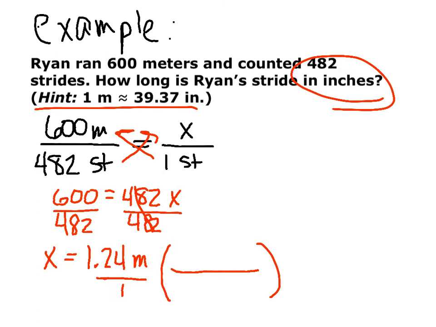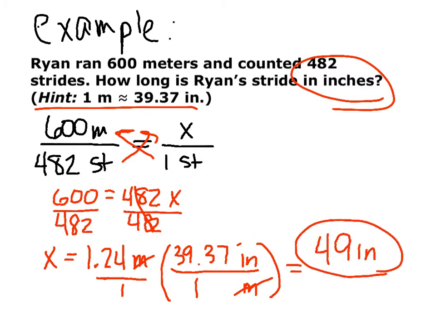I want to cancel out my meters, so I have an m in the numerator and an m in the denominator. And I want inches in the numerator, because these will cancel, and I'm left with inches. So 1 meter equals 39.37 inches. Do some multiplication, and you're left with 49 inches per stride.